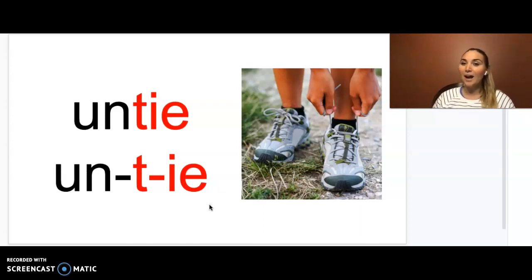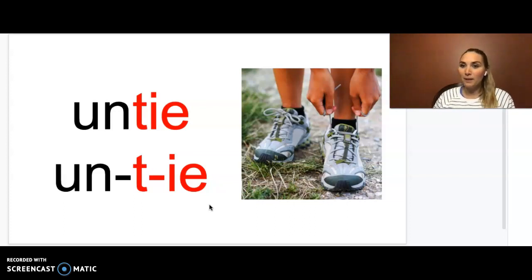So looking here, untie. Knowing what we know about the prefix un and the word tie, if we use our picture to help, what do you think untie means? Untie means to not tie.